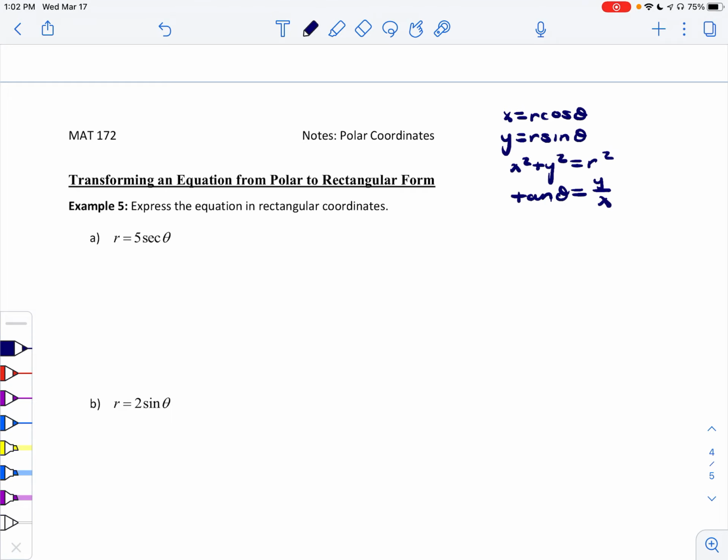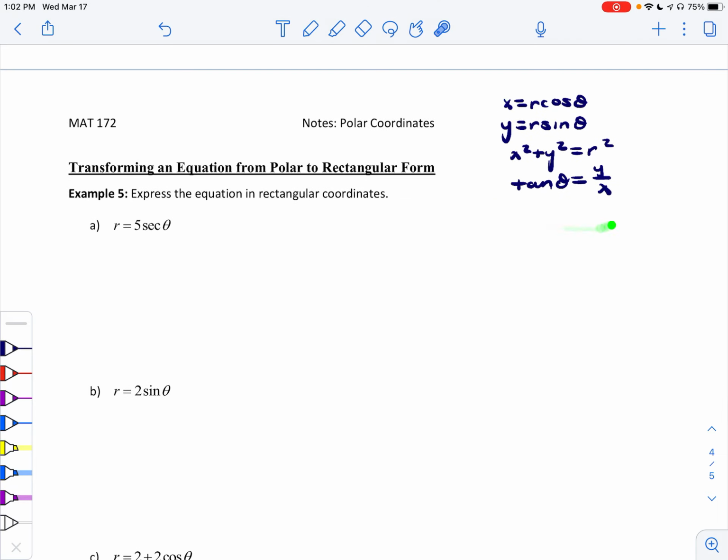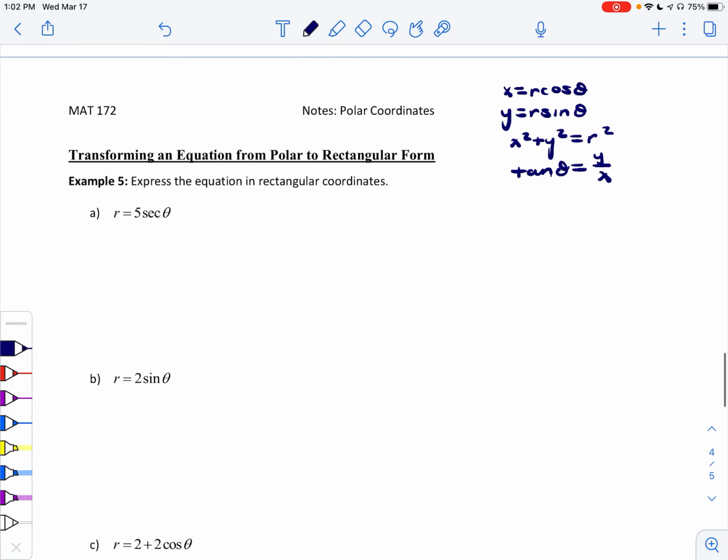Okay, all right, so if we're looking at example 5a, we're starting off with the equation r is equal to 5 times the secant of theta. Now, none of our formulas over here have a secant in it, so the first thing that I would do is just change that secant to a 1 over cosine. Let's make it 5 times 1 over cosine, okay?